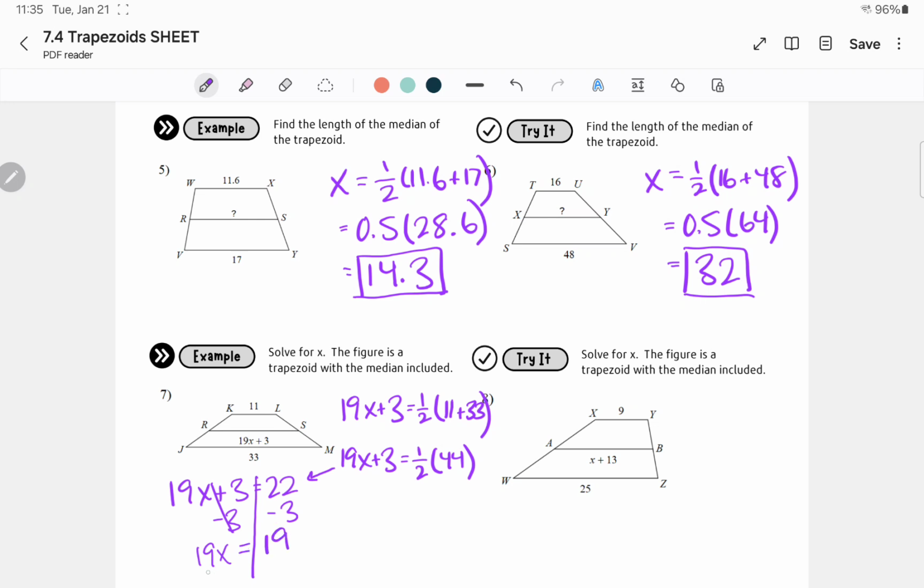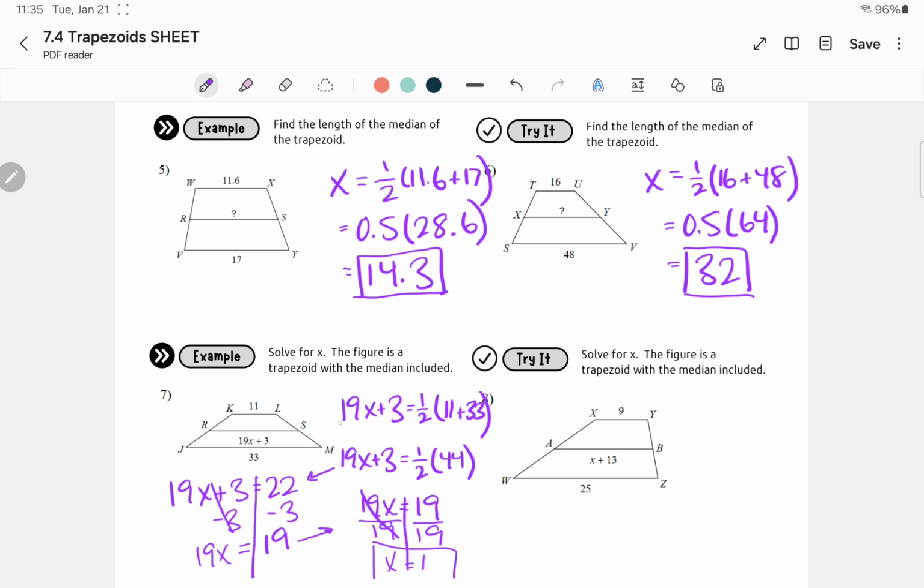And I want to divide both sides. I have to try another arrow here. You guys should have more room than I do, so I'm sorry if this is confusing, but try to write in one stream, one line, please, if you can. So 19x divided by 19 on both sides gives you x equals 1.